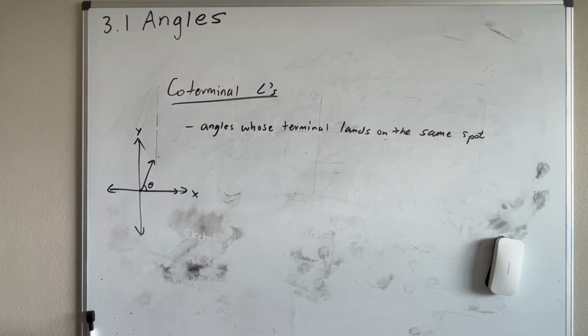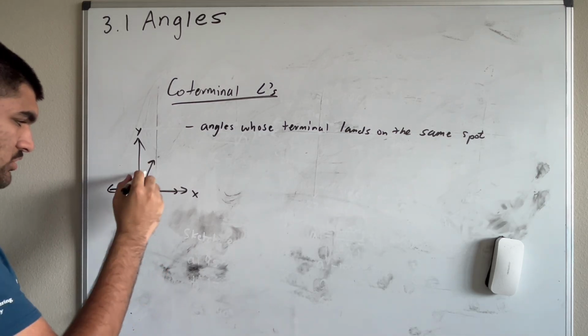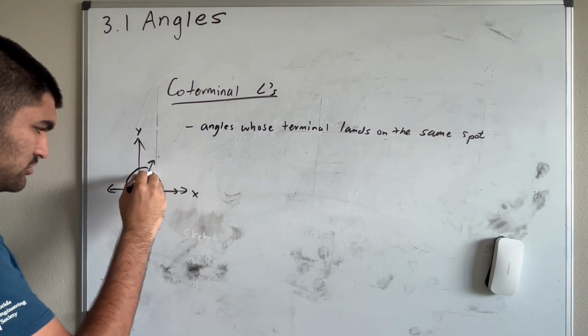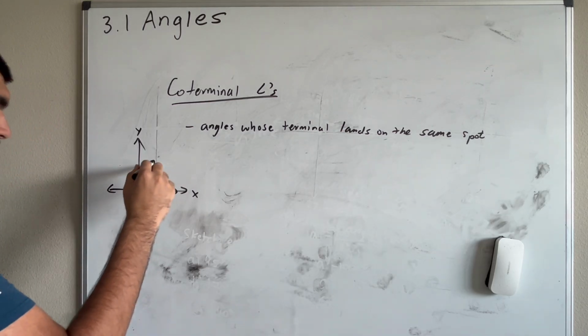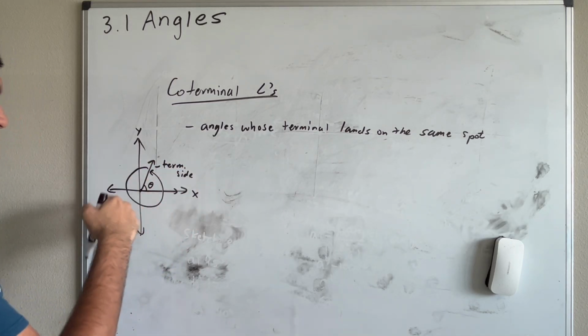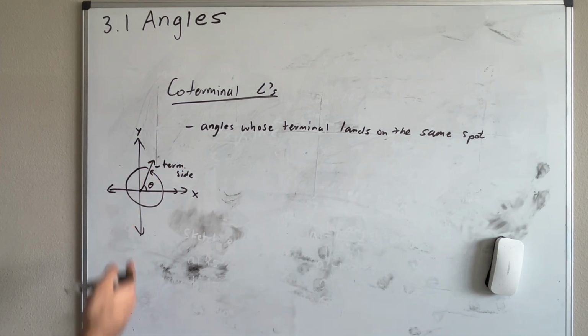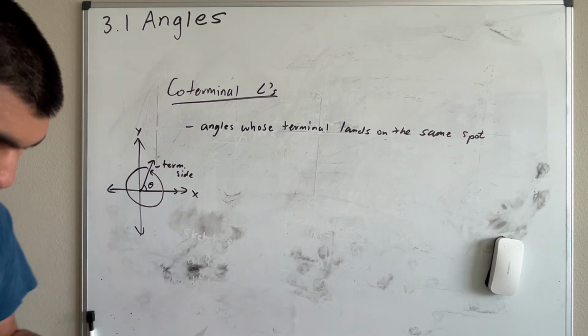Theta. If you rotate theta by 360 degrees, so you go one full revolution, you're going to end up at the same angle. And this is the terminal side. So the terminal side of the new angle is going to be the same as the terminal side of our original angle. And so those two angles are known as coterminal angles.